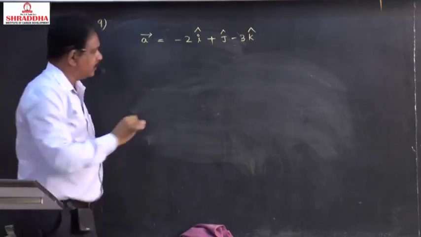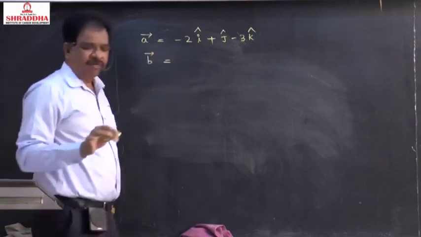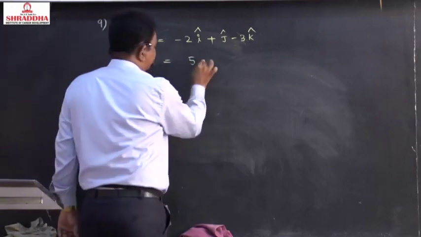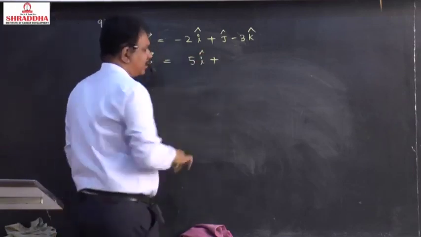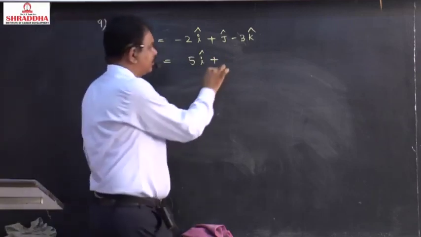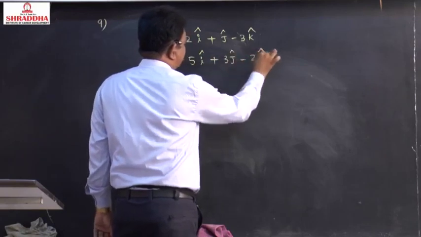B bar is, a small printing mistake is there, modify the vector like this: 5i cap plus 3j cap minus 2k cap.